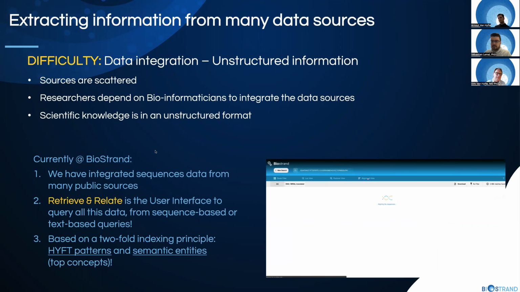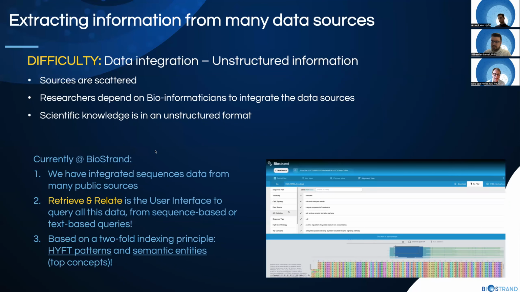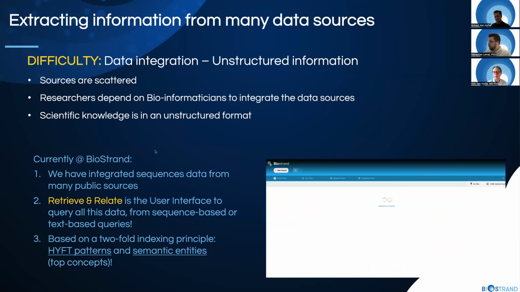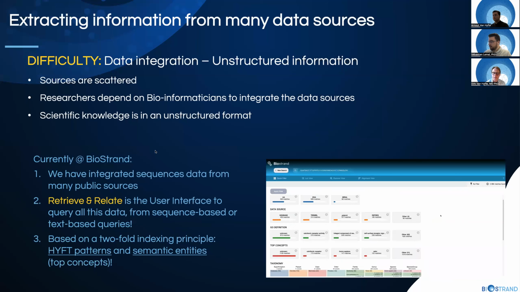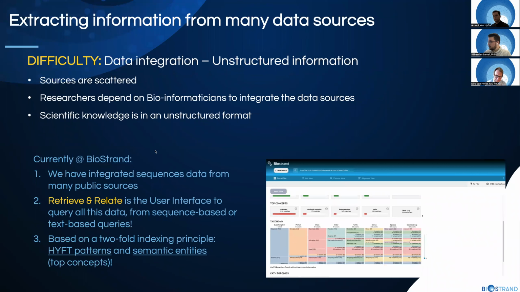What you typically see is that researchers working in this field depend on bioinformaticians to integrate all these data sources. At BioStrand, we have already built our first platform where we can integrate all the data from different data sources at the three omics layers. So we have an integrated way so that you can look immediately, starting from a sequence, what is going on at the DNA and the RNA level.